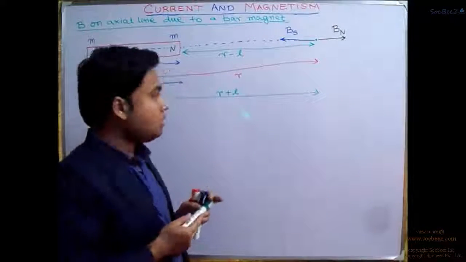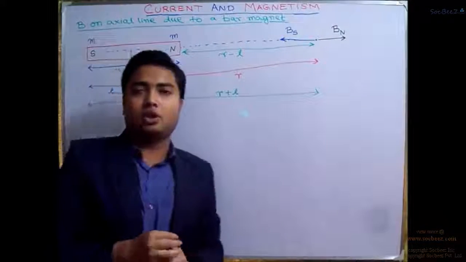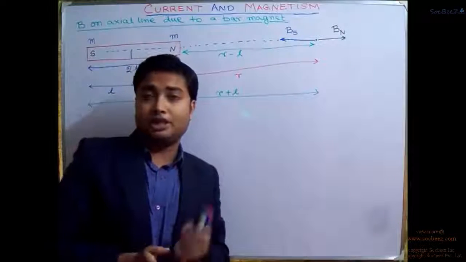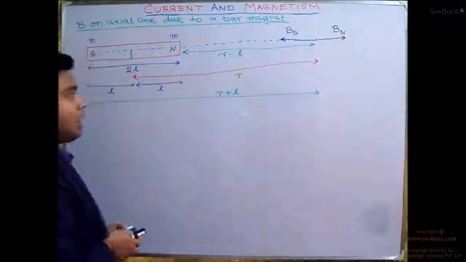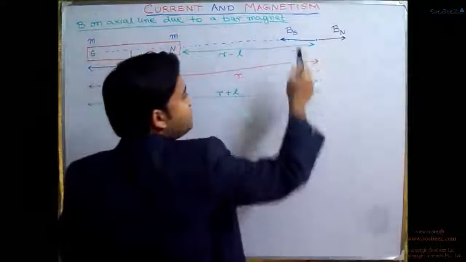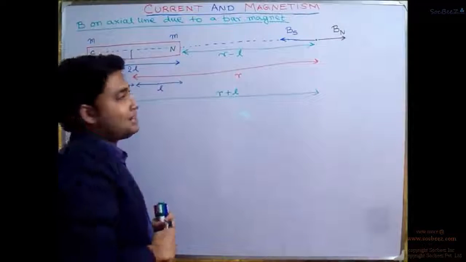Right? So as per the inverse square law, which we have seen in the previous lecture, now we can find out the value of Bn as well as the value of Bs.